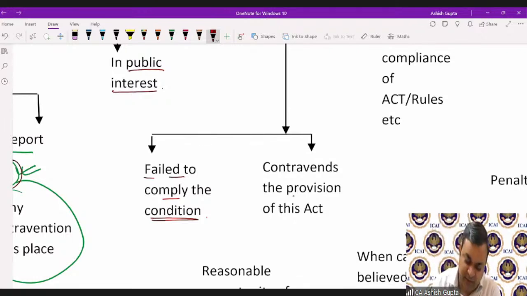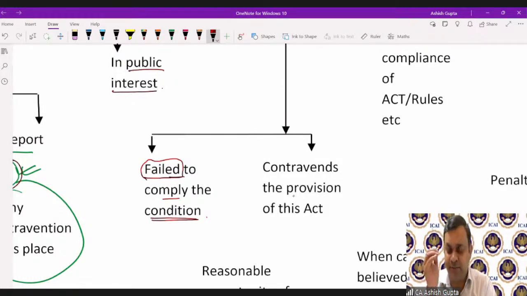So if a person fails to comply with the condition, for example, there is a disclosure requirement for a single transaction exceeding $5 lakh. Then what type of compliance? Authorized person needs to submit a monthly report to the RBI regarding whatever transactions they have entered into with respect to conversion of foreign exchange, right?